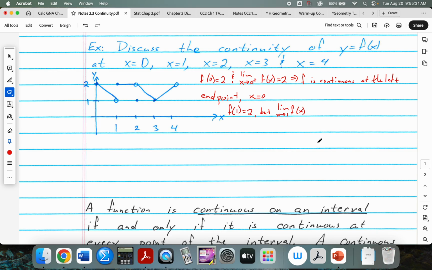Nope. Does it not exist? Yeah, it does not exist. Therefore, f is not continuous at x equals 1.